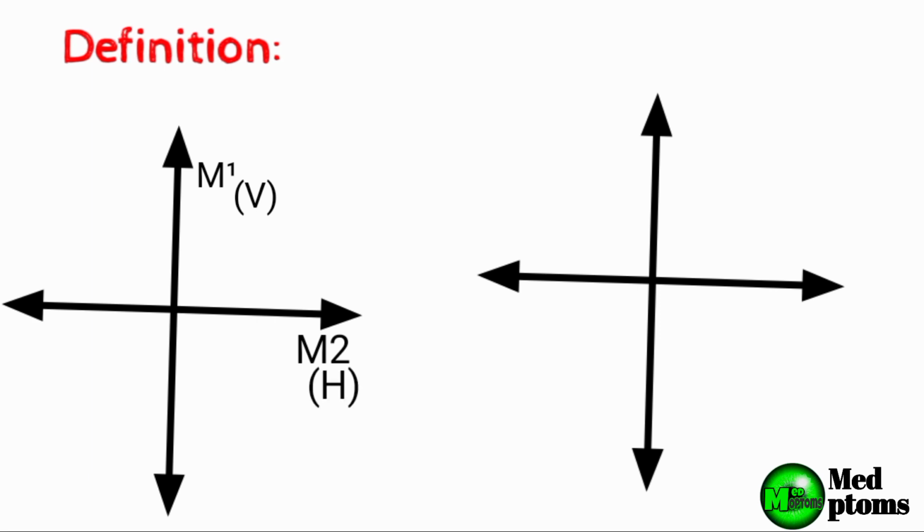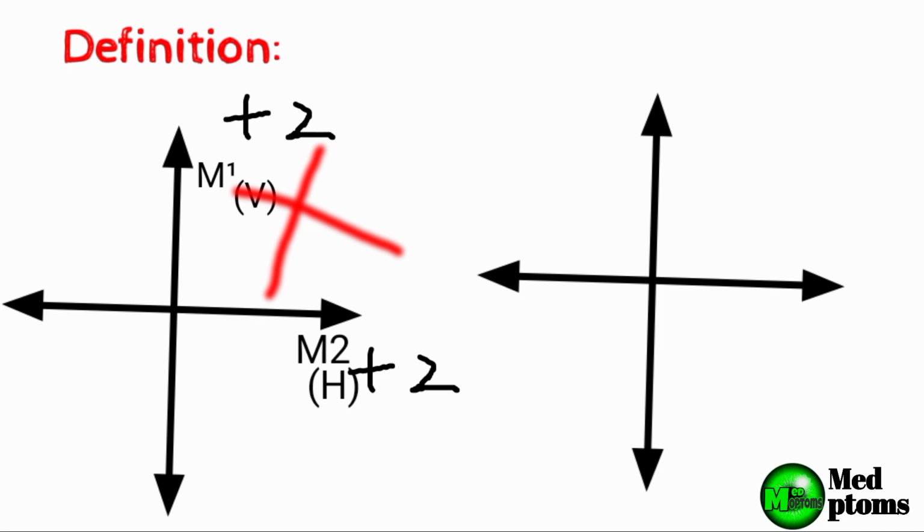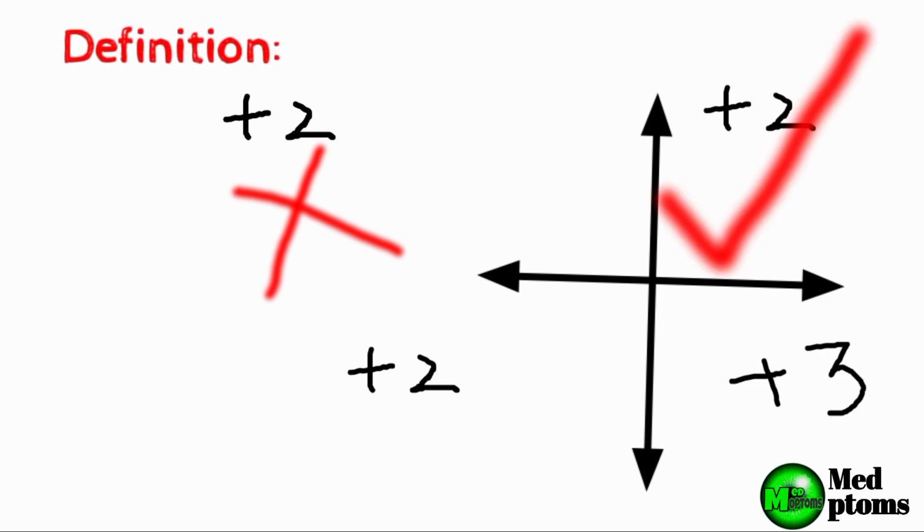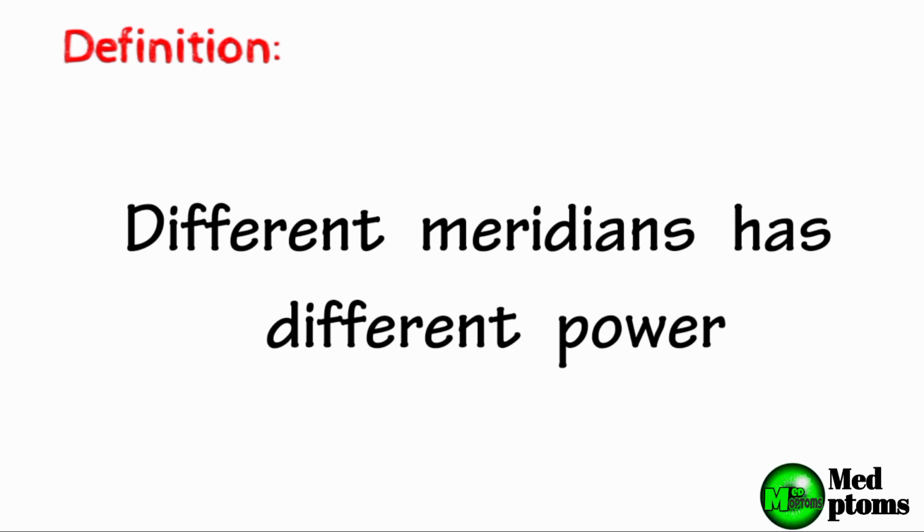If the vertical meridian has plus 2 diopter and the horizontal meridian also has plus 2 diopter, that is not astigmatism. Otherwise, if the vertical meridian has plus 2 diopter and the horizontal meridian has plus 3 diopter, that is astigmatism. In it, we know that the two meridians have different dioptric power. Then we call it astigmatism.